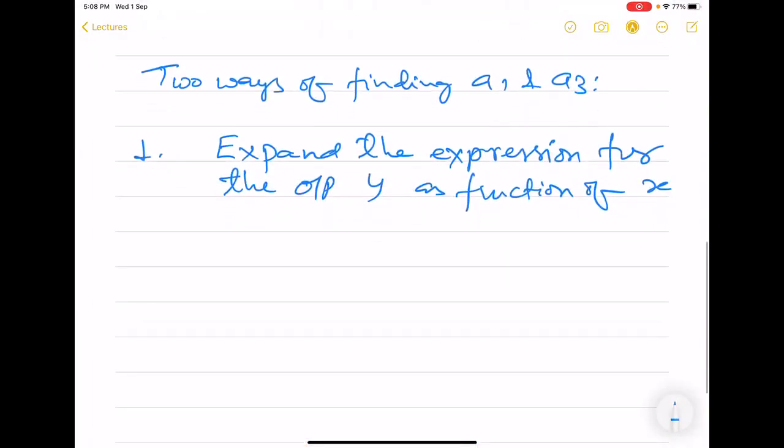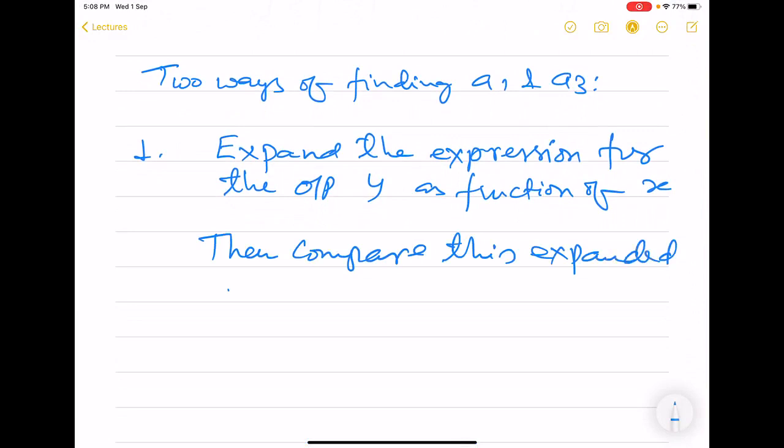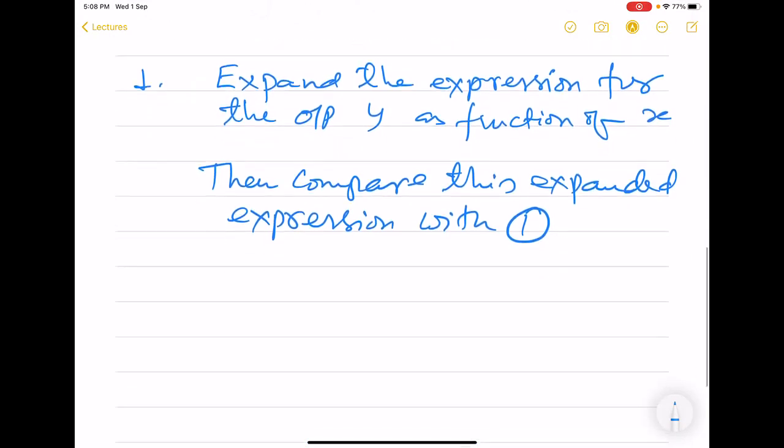So this is one technique, and then compare this expanded expression with equation 1 to find A1 and A3. So this is one way of doing it.